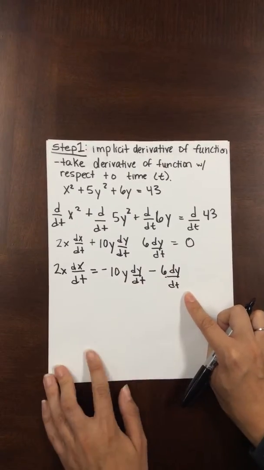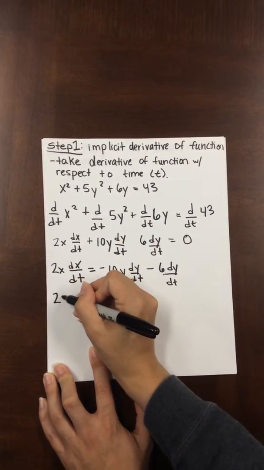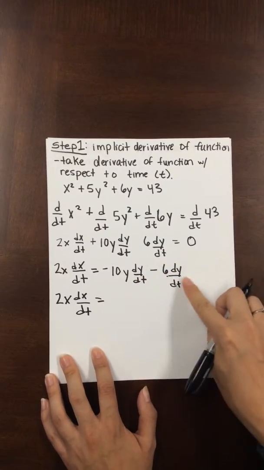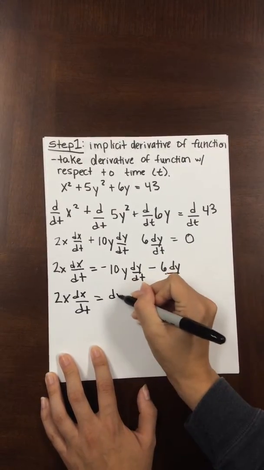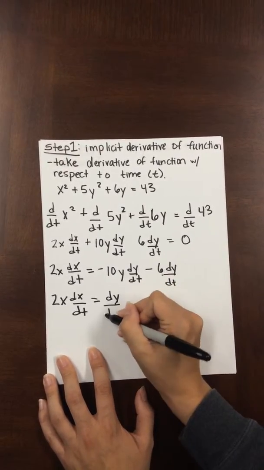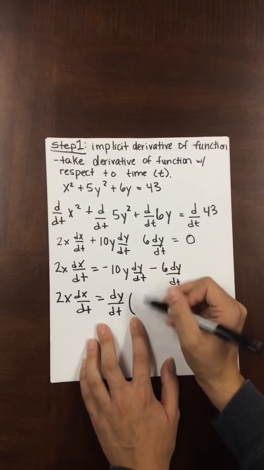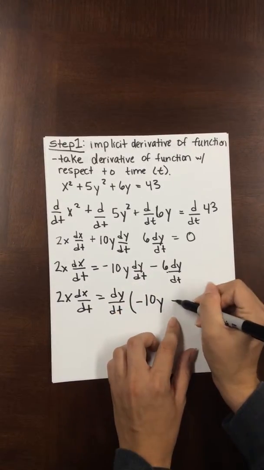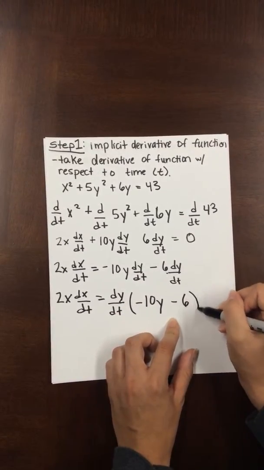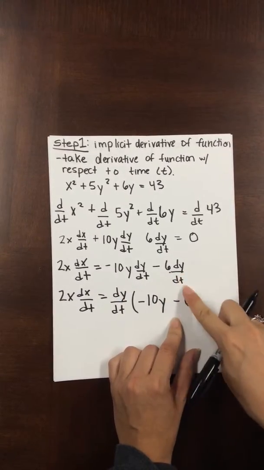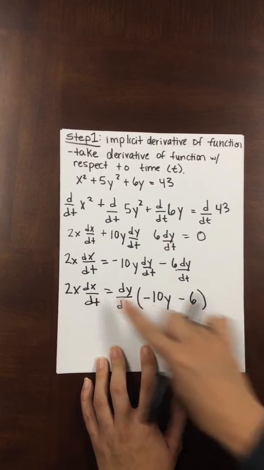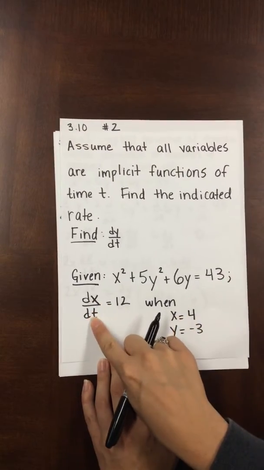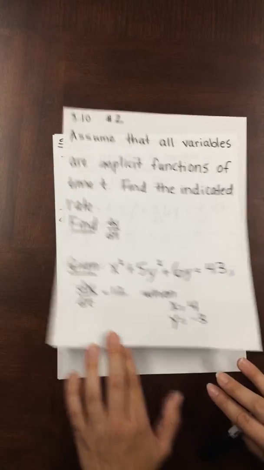We can simplify this further to 2x dx/dt equal to, and I'm going to pull a dy/dt out of both terms, dy/dt times, on the inside, negative 10y minus 6, because we have the minus 6 dy/dt. Now, they gave us that dx/dt is equal to 12, so we can just plug that value in.